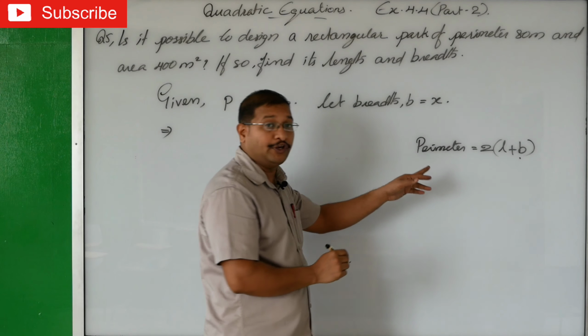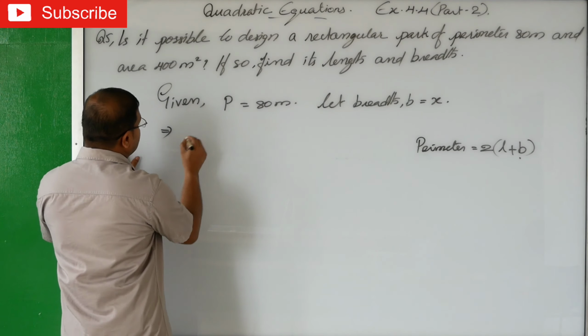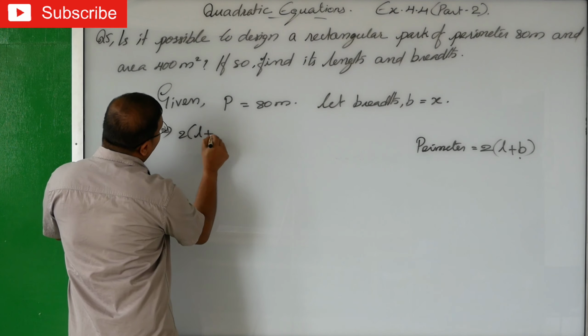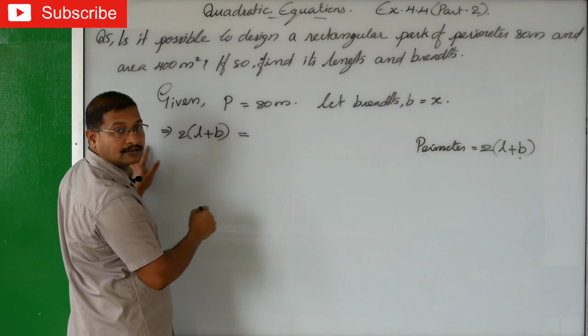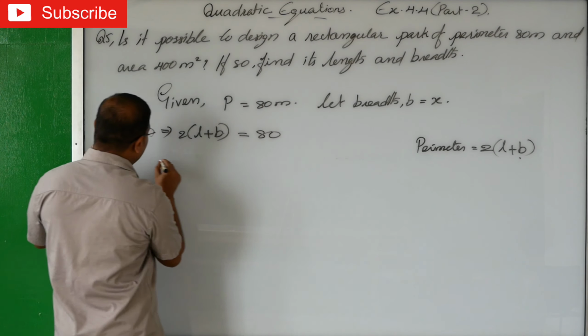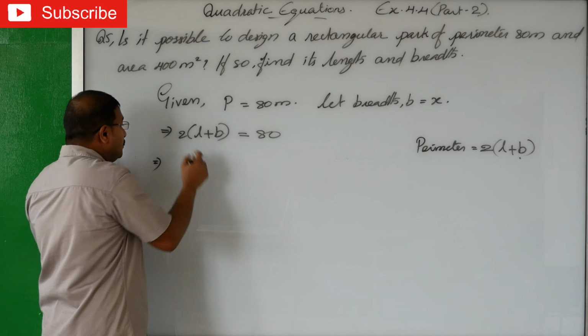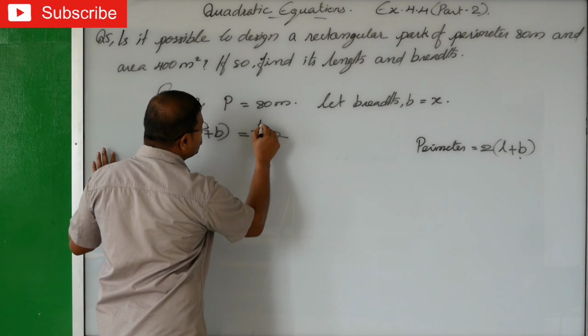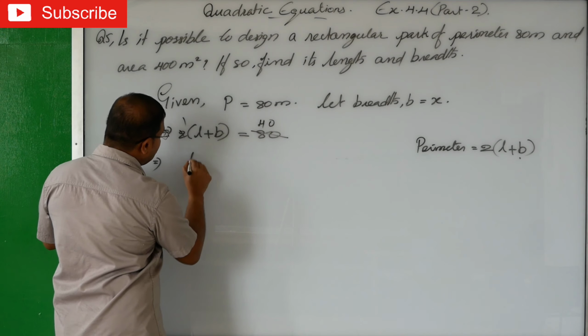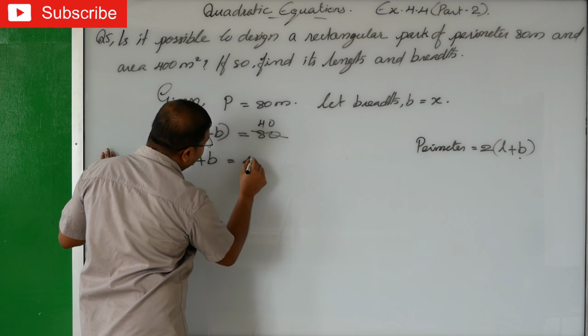That means 2 into L plus B equals 80. These 2 will cancel. 2 ones are 2, 2 fours are 8. That means 40. That means length plus breadth equals 40.